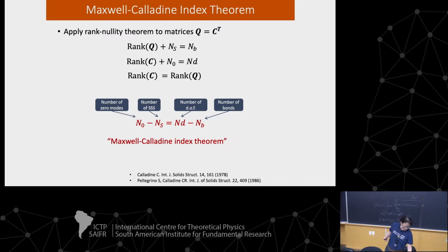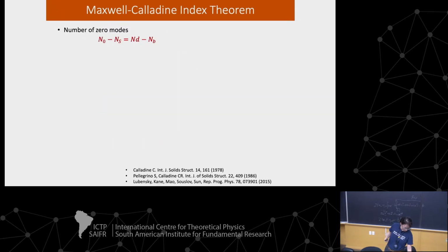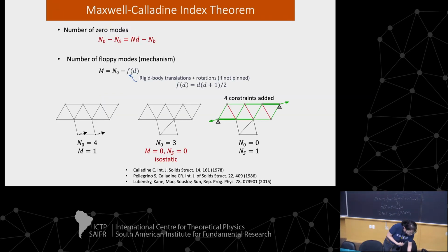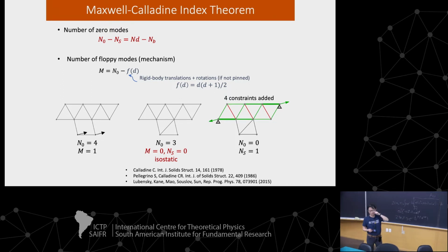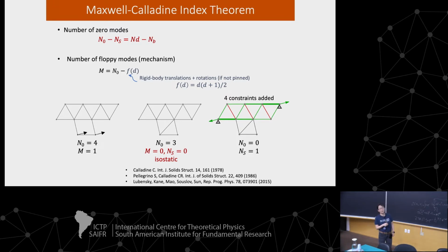These slides we mostly go through quickly, I just want to show another example. If you look at this structure as a mechanical frame, there are 4 zero modes. 3 of them are trivial zero modes of the translation and the rotation of the whole thing.